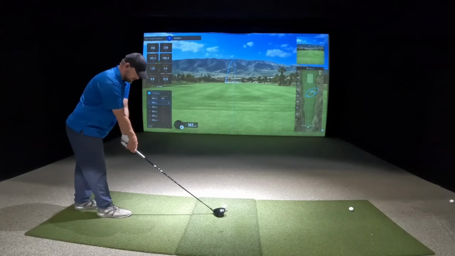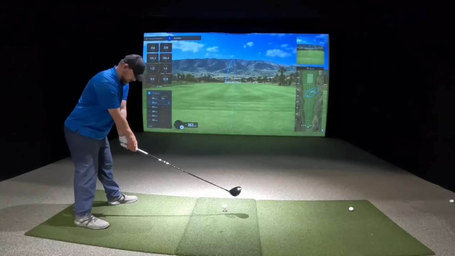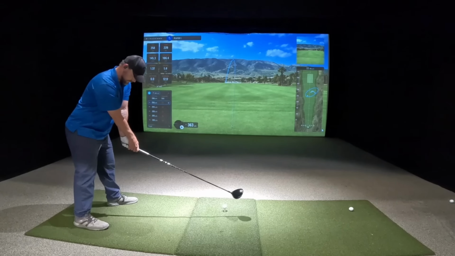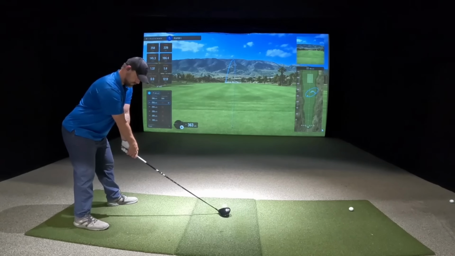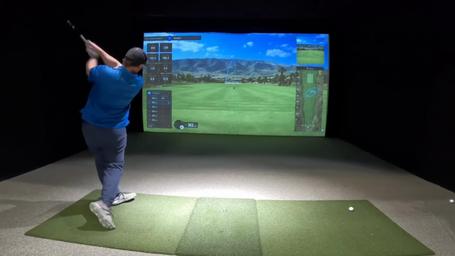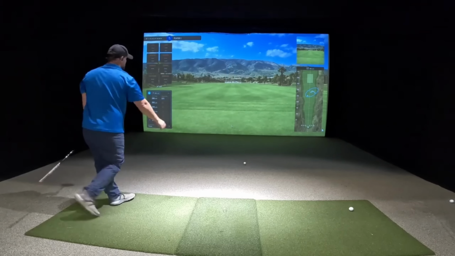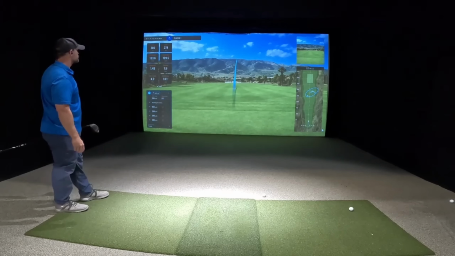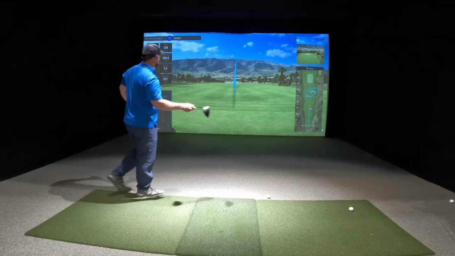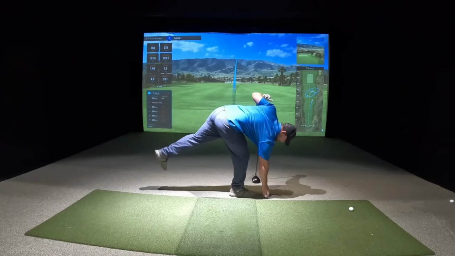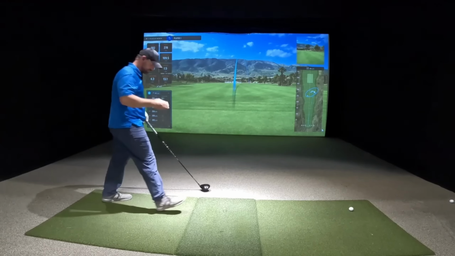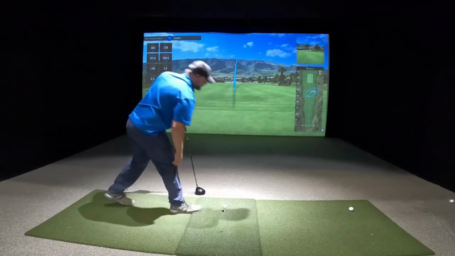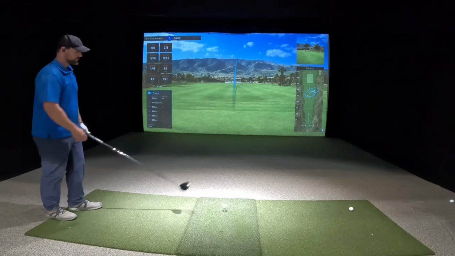I feel so much control with it, but it's because I'm playing basically the old school Sergio fade. My launch angle is a little lower, but my spin rates are down to 0, and I guess too, Rickie Fowler played this kind of a drive, a real penetrating shot for years. I felt like he was one of the best drivers of the golf ball, him and Sergio. So that's kind of how I've designed my game.